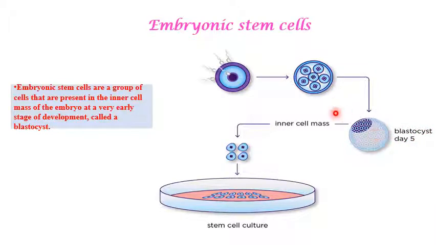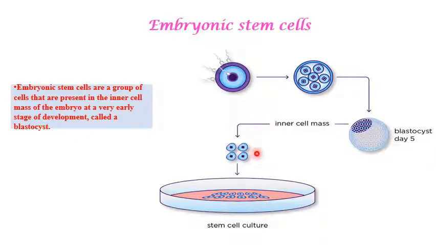How does this occur? When the sperm cells meet or fertilize the egg cells, after the fertilization, this embryo undergoes a complete division of the cells where many cells are formed inside the embryo, and at a stage of day 5 they enter a blastocyst stage where the inner cell mass, which is called the embryonic stem cells, is formed.